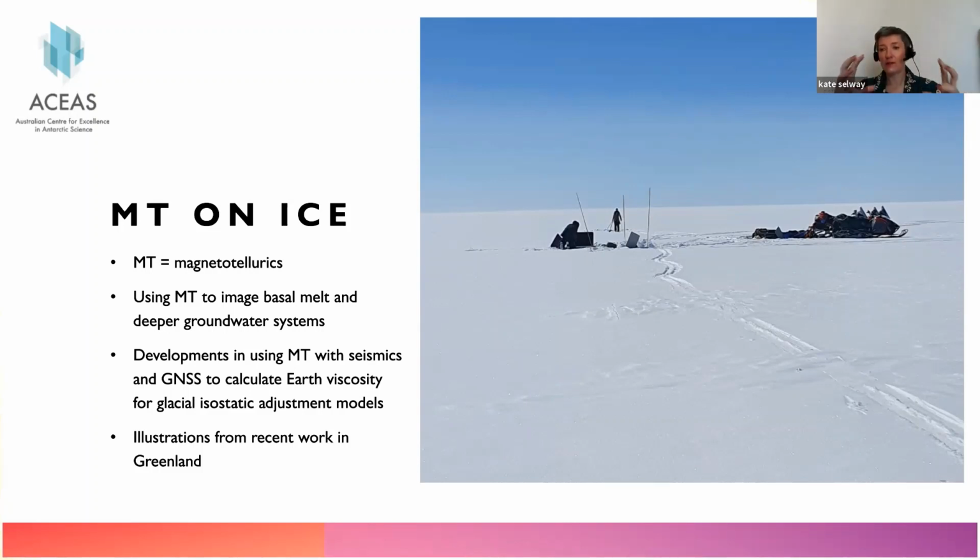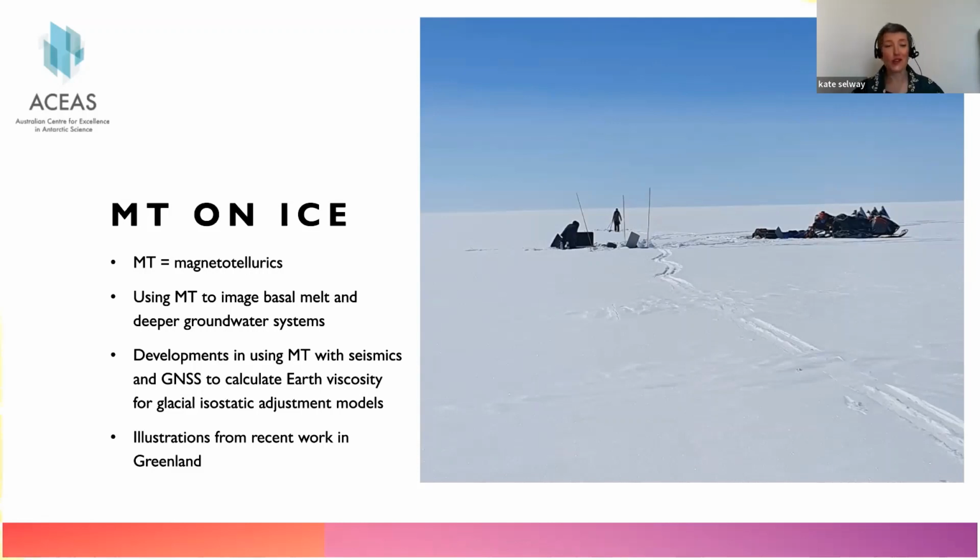So we can see those depths just beneath the ice and through to hundreds of kilometres into the Earth. Then I'll talk about using MT to look at those greater depths, and combining especially with seismic data and also GNSS data to improve glacial isostatic adjustment models. As we go through the talk, I'll explain what I mean about those things.